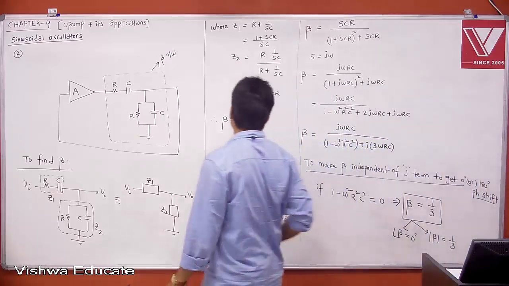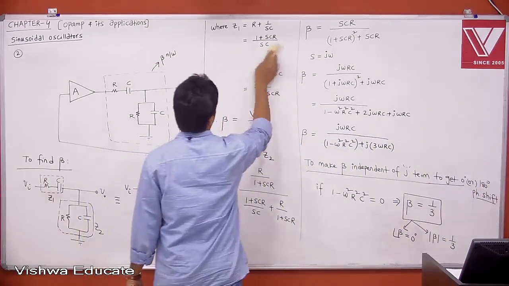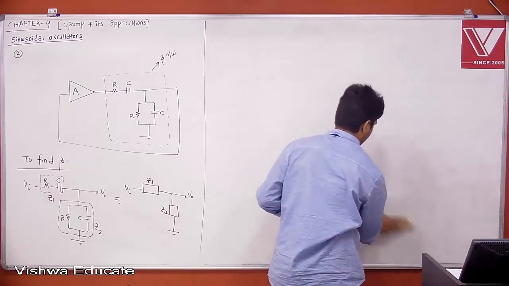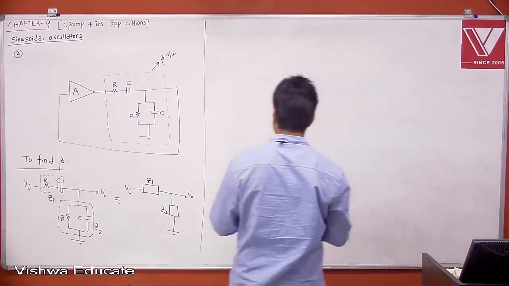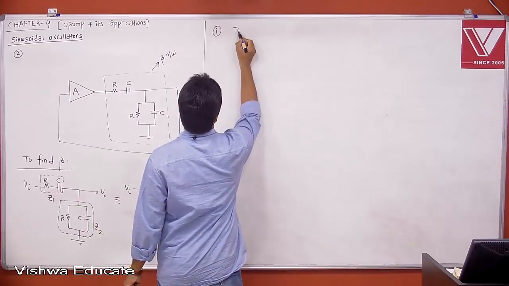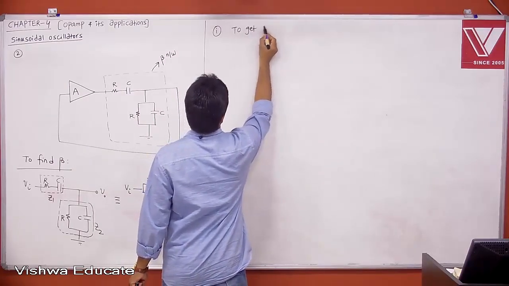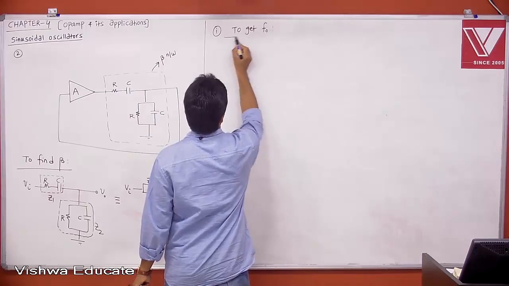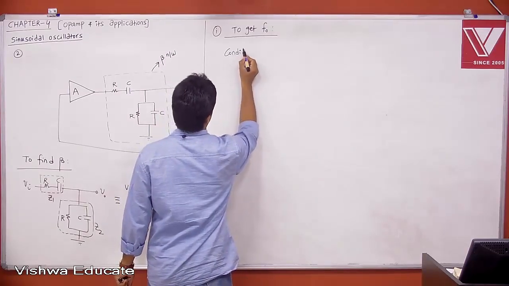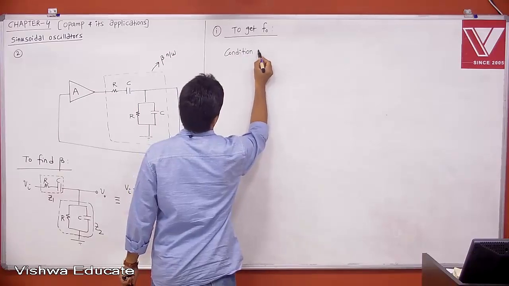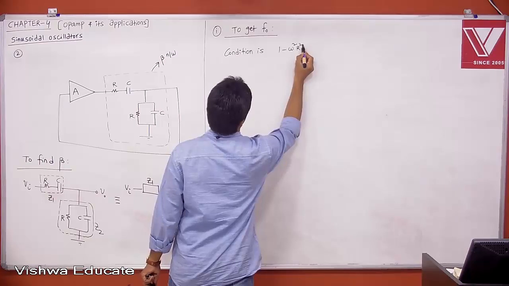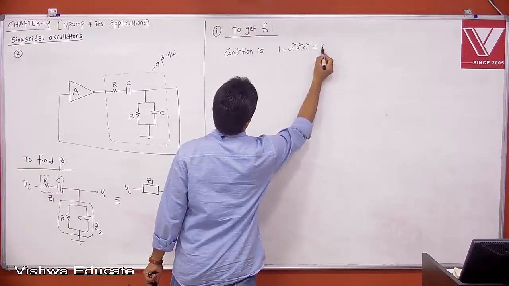Now let's use this. Therefore, to find F naught, the resonant frequency, what is the condition? The condition is 1 minus omega square r square c square is equal to 0.